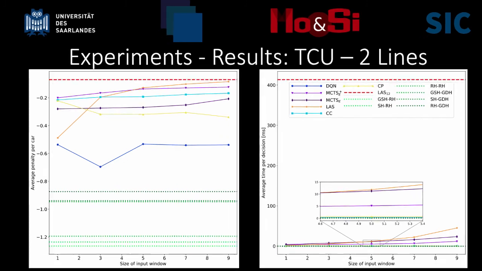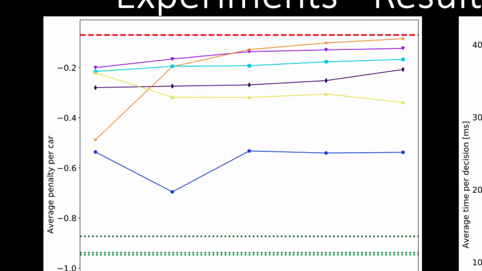Regarding the performance, one can see that vanilla multi-agent DQN seems to be unstable and also is performing worst of our approaches. The cross-product agent drops its performance when the input sequence increases, while curriculum learning and the MCDS approaches increase.